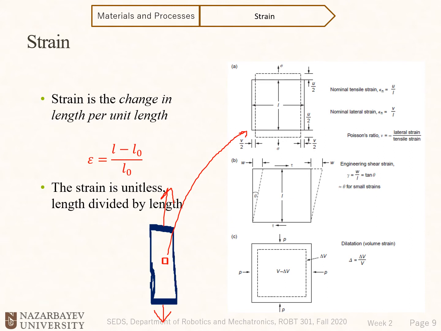We have other types of strains. We have lateral strain as well, and that lateral strain is basically the change of the lateral lengths of this cube. The change of the length laterally, V, divided by the initial length L gives us the lateral strain.